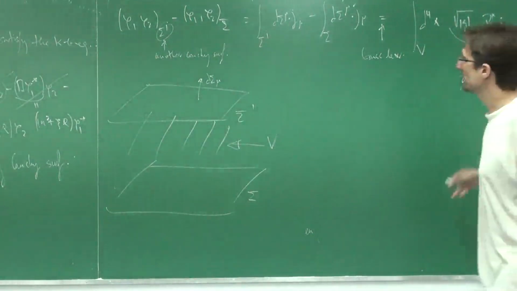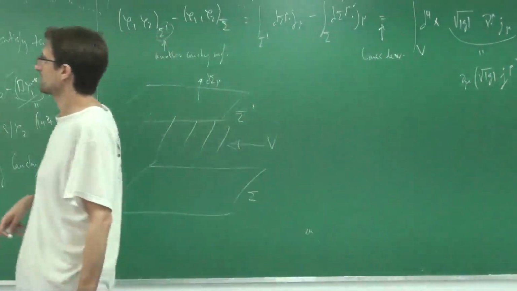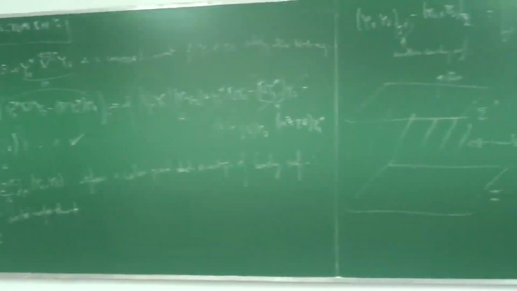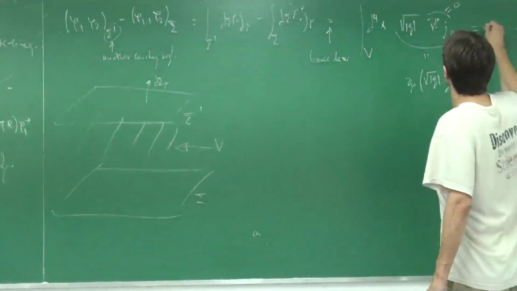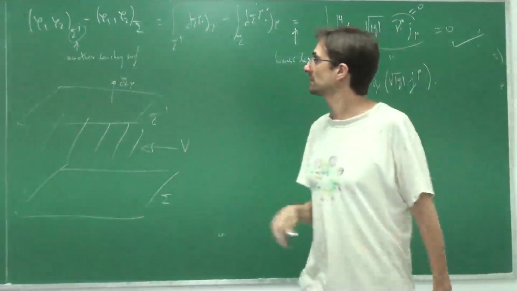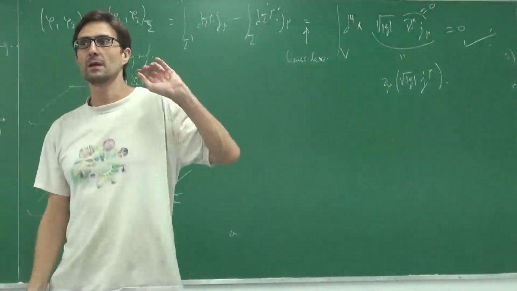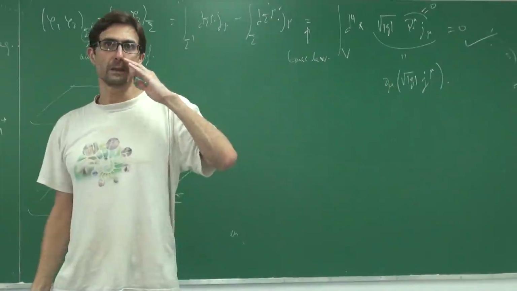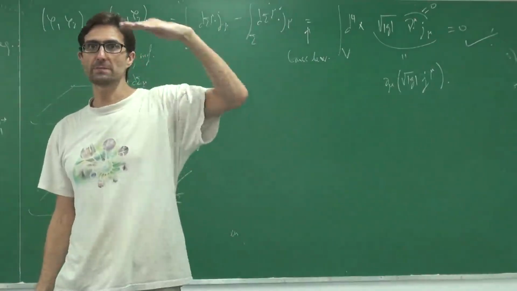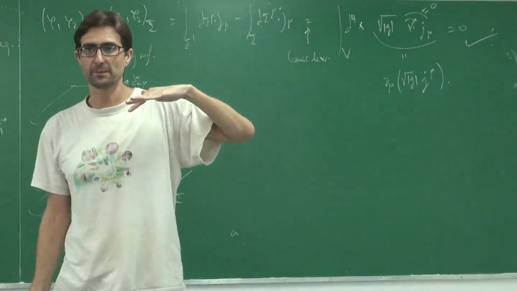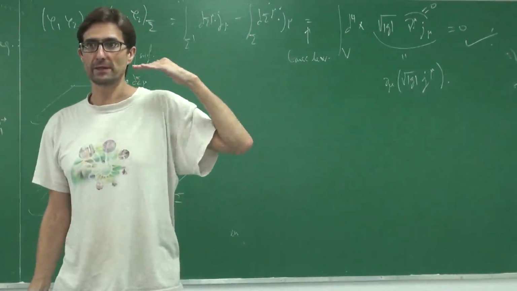Okay, and now we use the fact that the divergence of the current is conserved, so that it is zero. And that's independent of the choice of Cauchy surface. This means two things. You can foliate the space-time. You can use different foliations for your space-time. This is telling you that it's independent of foliation.